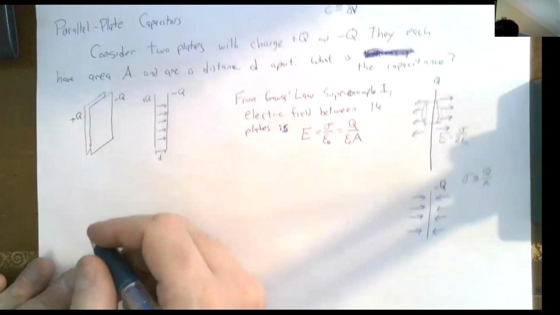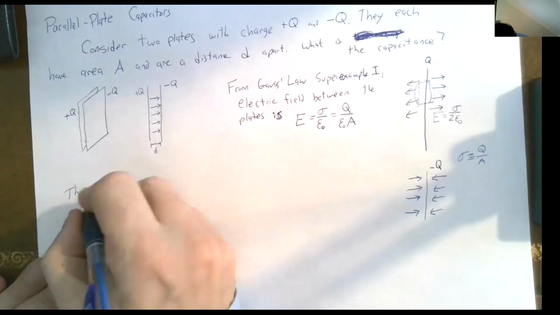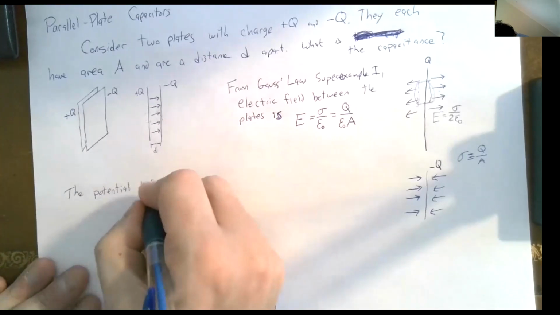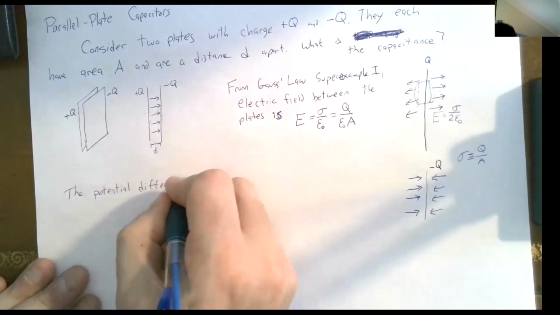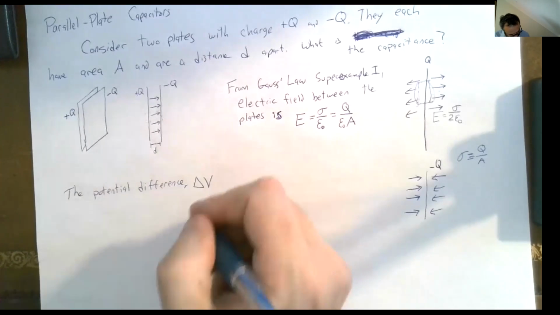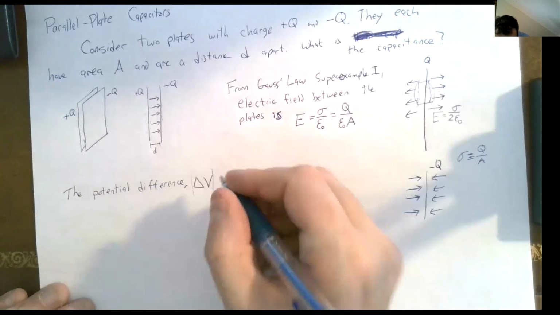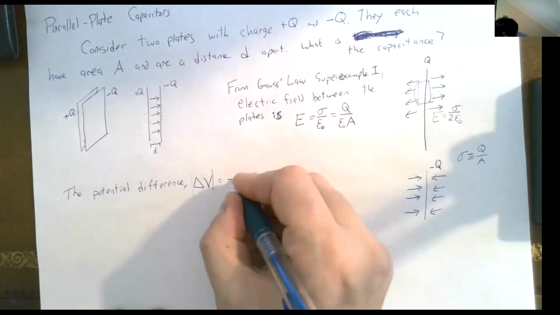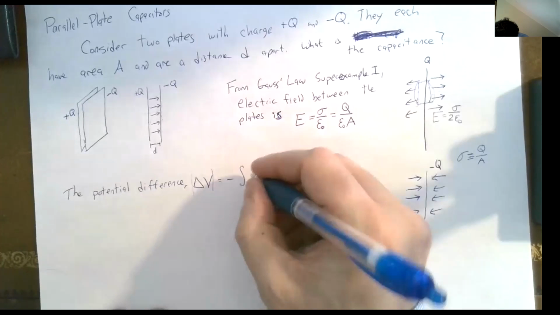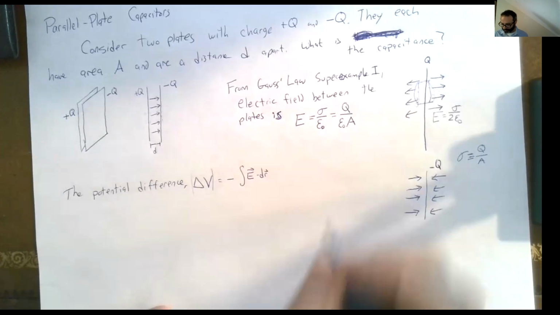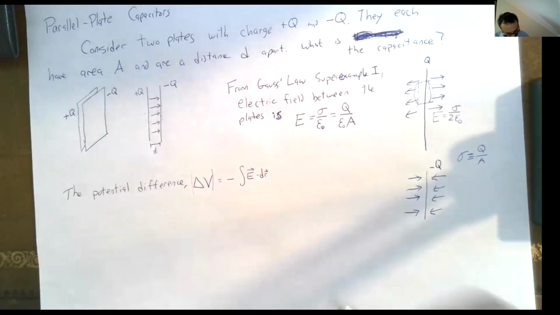Right. So the potential difference, delta V, let's look at the magnitude of it for now. We know it is minus the integral of E dot dr, right? So we take the integral from one plate to the other plate.